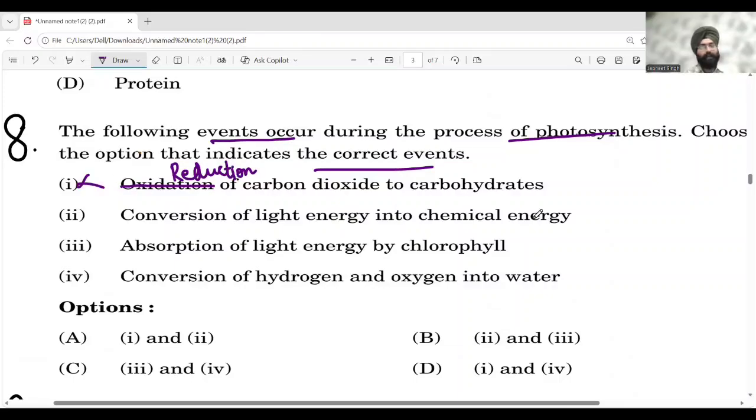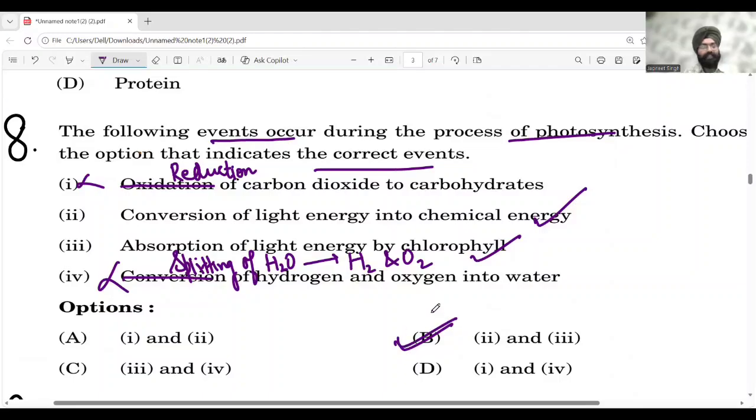Conversion of light energy into chemical energy, absolutely true. Absorption of light energy by chlorophyll, correct. Fourth, conversion of hydrogen and oxygen into water, no. Here there is a splitting of water into hydrogen and oxygen. So this is wrong. Second and third are correct. B option is absolutely correct. Done. Next question.